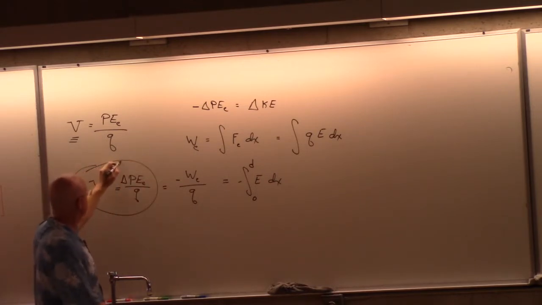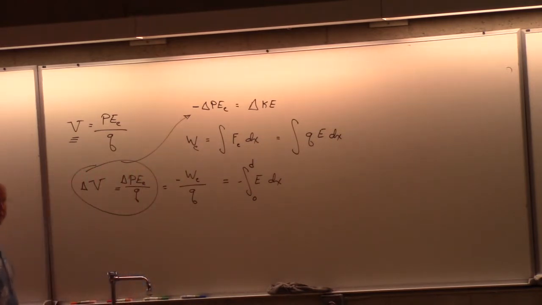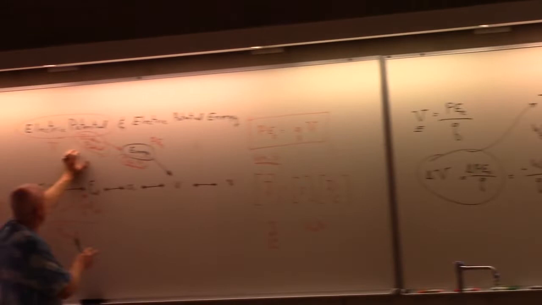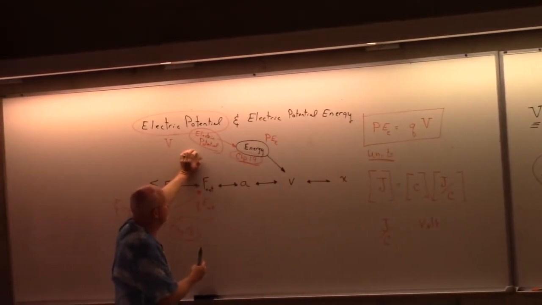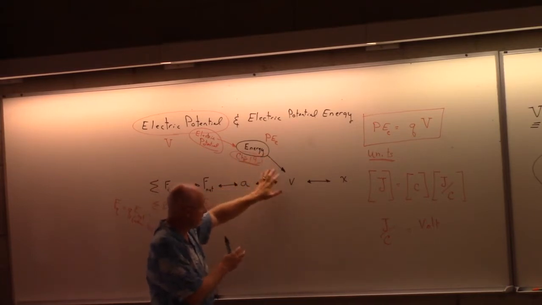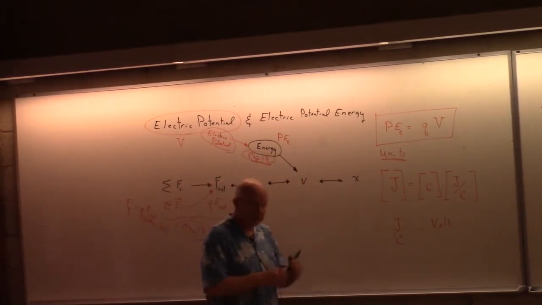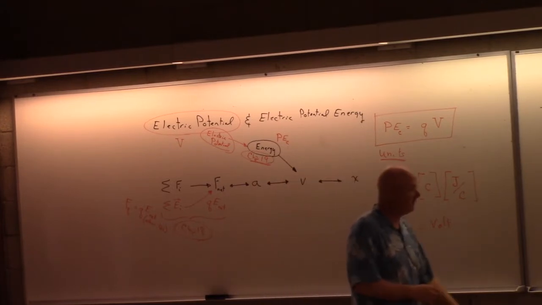And that is where I'm headed. How do I get the equation for the change in the potential? Maybe I'll come back to my diagram. Because if I have the equation for the change in the potential, I can then get the change in potential energy, and from the change in potential energy, I can get the change in kinetic energy, which can give me the speed. That's kind of my chain of events here.